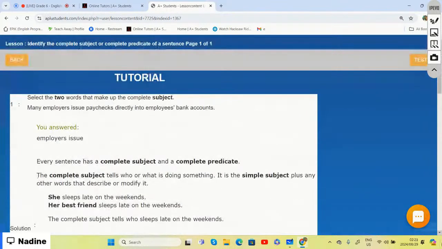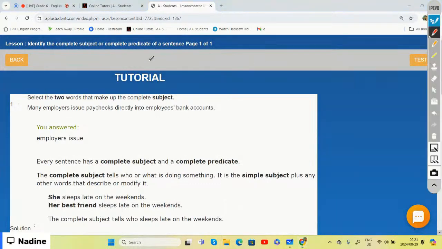If we select the subject, then we can say our subject is many employers.